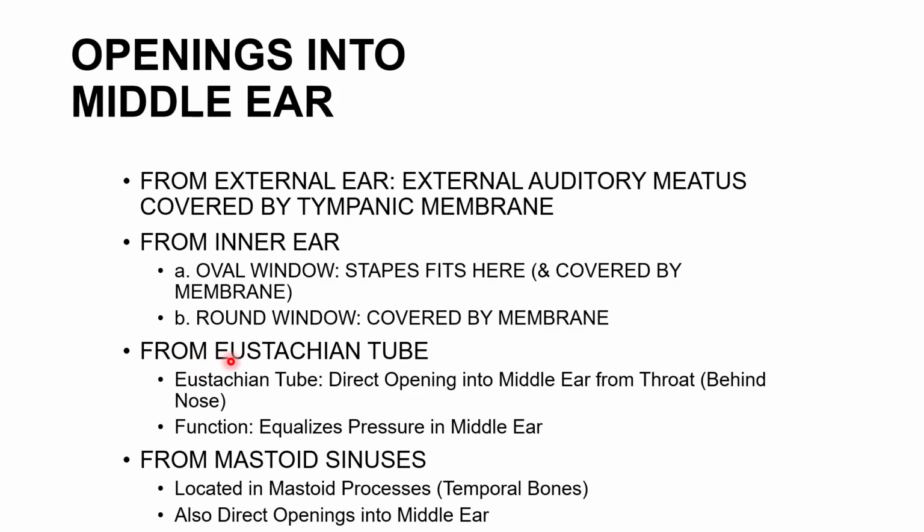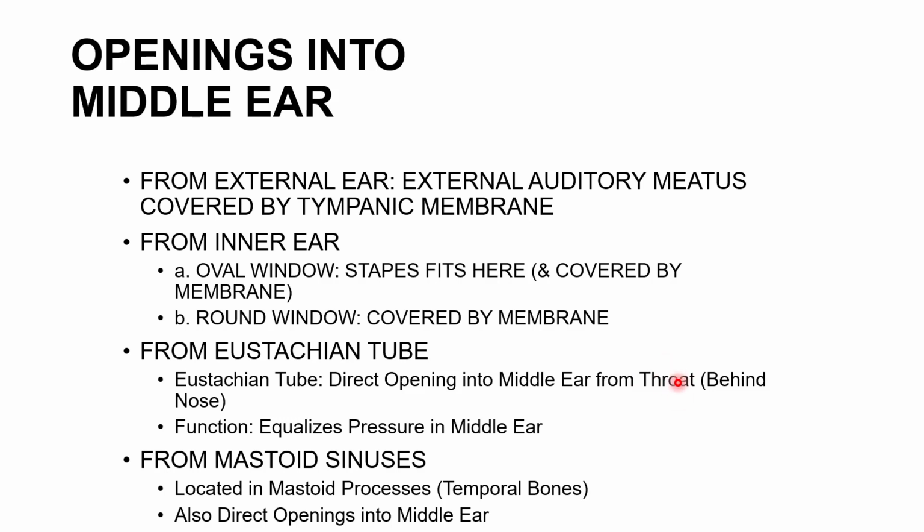Then comes the anterior wall, which has the opening of the eustachian tube, and it has a direct opening into the middle ear from the throat. And in the throat, it is actually from the nasopharynx part, and if you have seen the specimen of the throat, you will be able to memorize this.